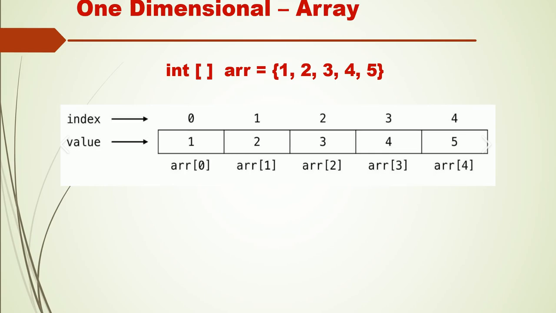So rather than declaring a separate variable for each and every element whose data types are the same, you can declare an array type variable which holds multiple values of similar type.